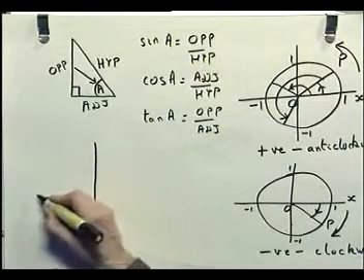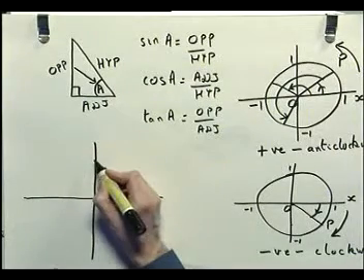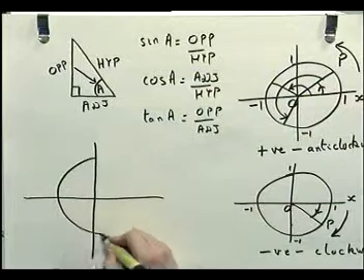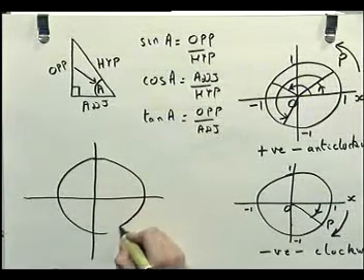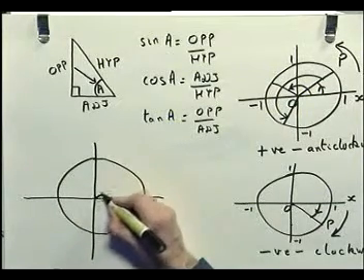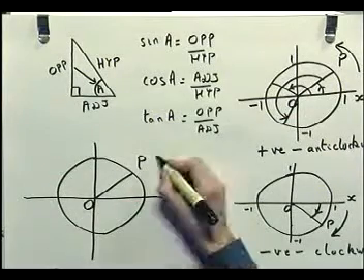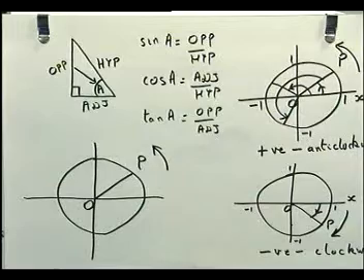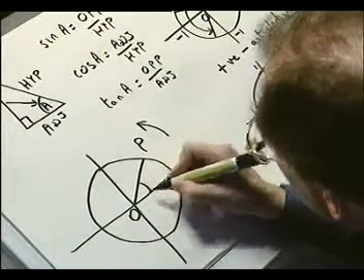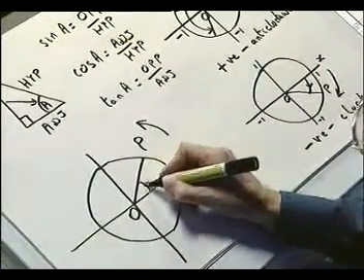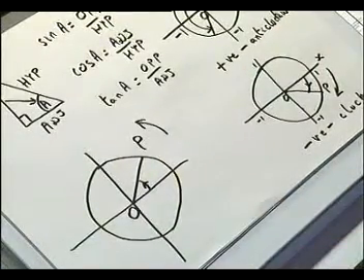So I'll draw the same diagram again. Put our point P on the circle, which is going to move around that way in an anti-clockwise direction. And here, mark this angle going round that way.